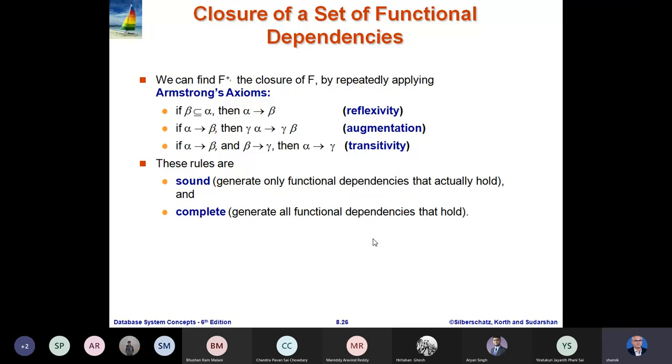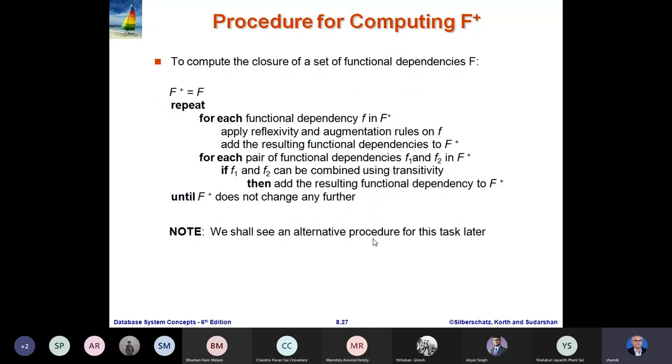And we have seen how to compute the closure of a given set F of functional dependencies, which we have seen that we can repeatedly apply Armstrong's axioms and can generate all the possible functional dependencies that would be in F plus using this simple algorithm. So this is what we had studied till yesterday, and a few more points to wrap up this topic.